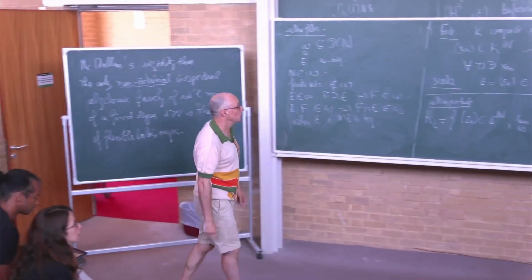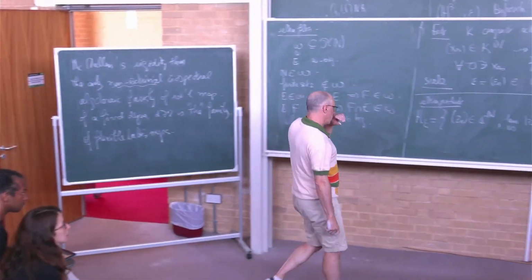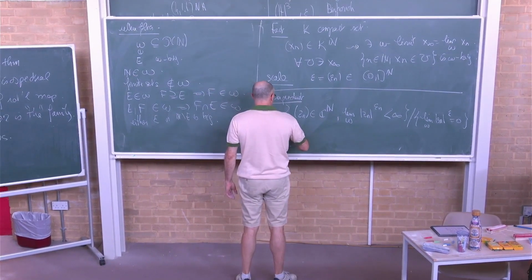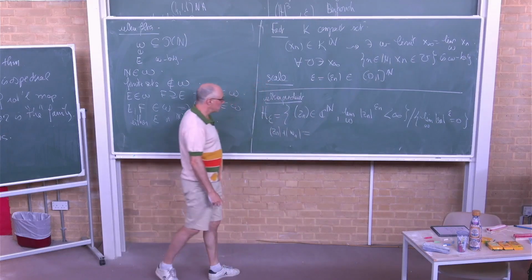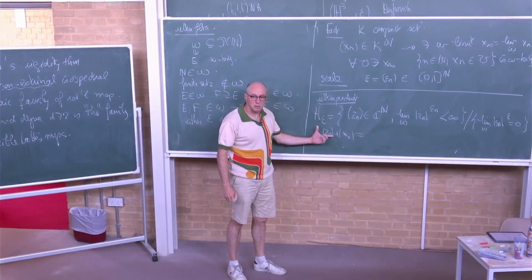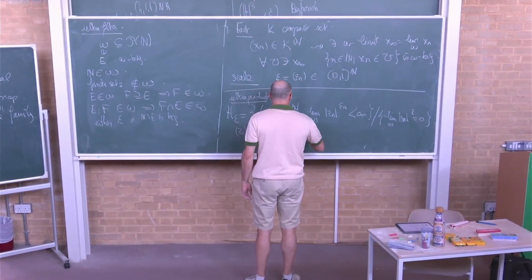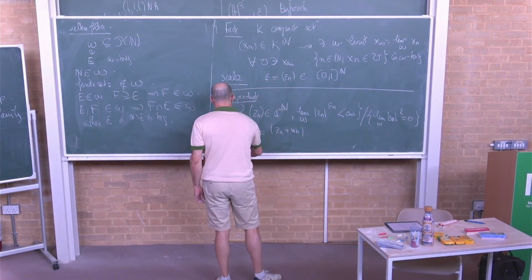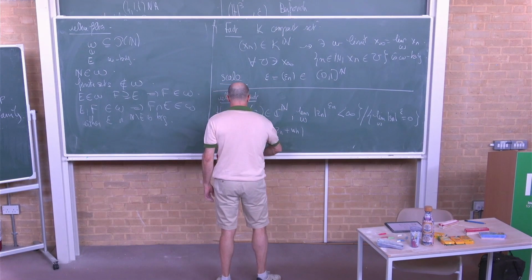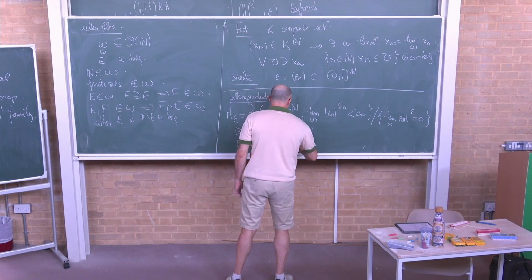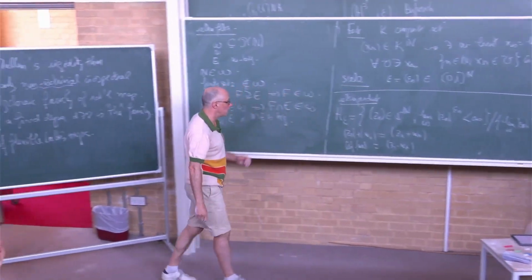Okay. So if you have two sequences, what is the sum? What is the product? Well, you sum and you take the product term by term. And you can check that this defines a ring.